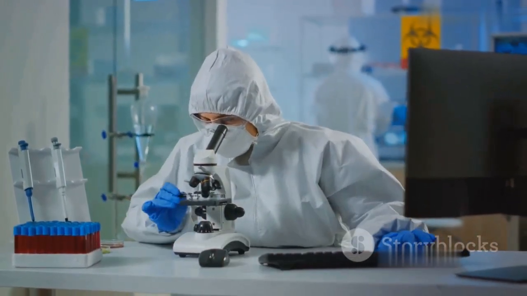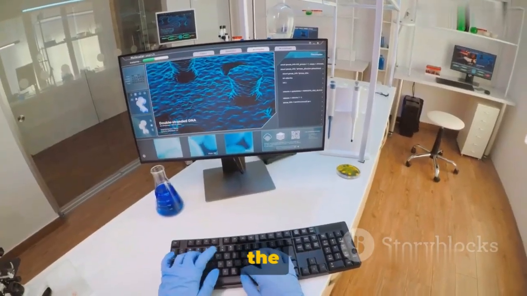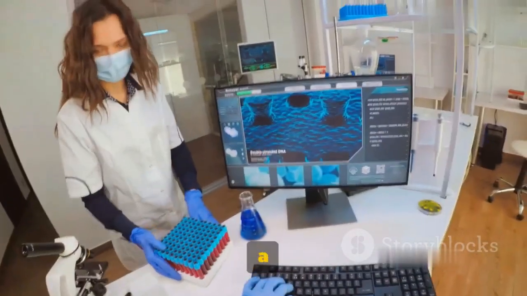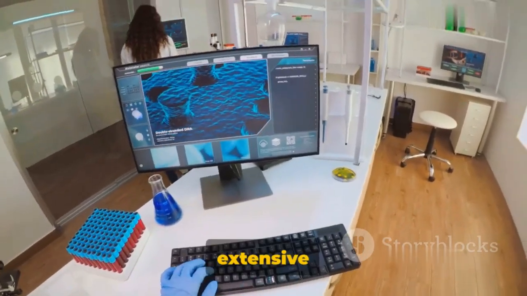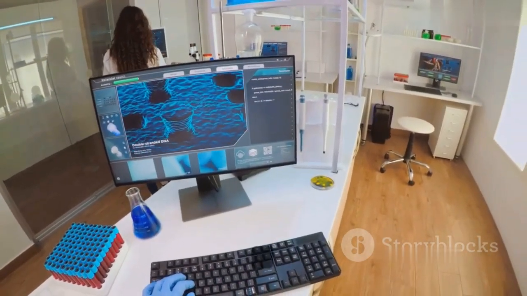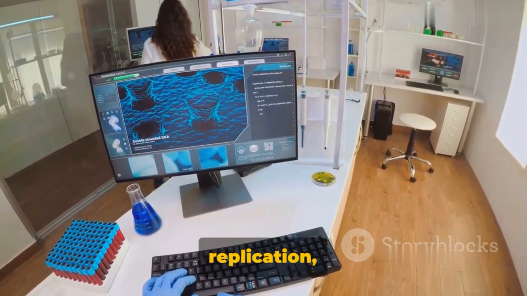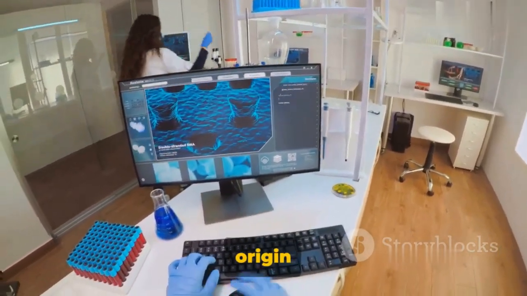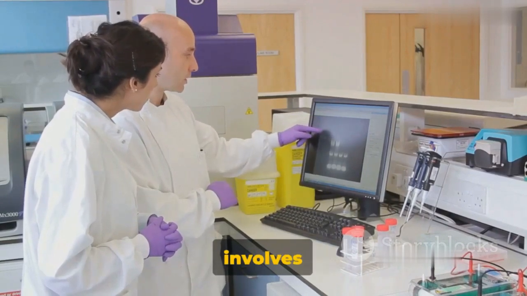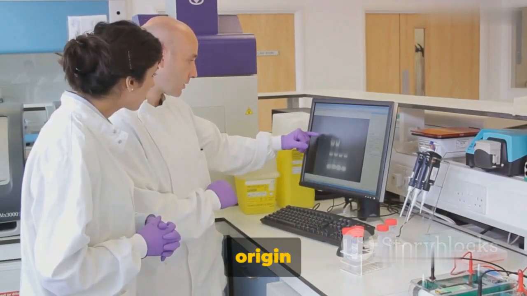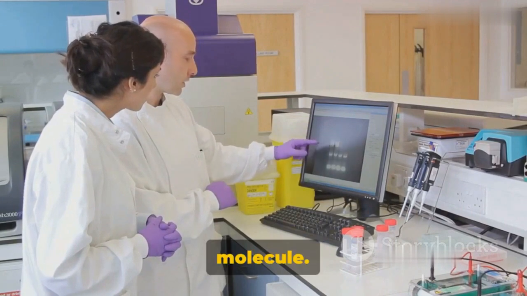On the other hand, eukaryotic DNA replication is a more complex process taking place in the cell's nucleus. Delving deep into the cellular machinery, we find a meticulous process that ensures the accurate duplication of our extensive genetic material. Unlike prokaryotic DNA replication, which has a single origin of replication, eukaryotic DNA replication involves multiple sites for the origin of replication per DNA molecule.